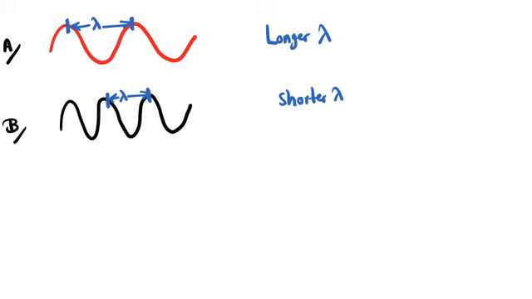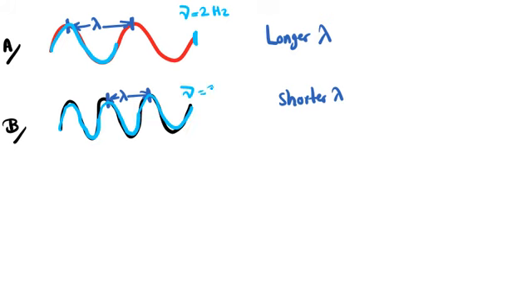If we are going to measure the frequency for this one, we count 1 and 2. So we have, for example, 2 as the frequency. Let me write 2 cycles or 2 hertz. How about the second one? Here we have 1, here is 2, and now we have 3.